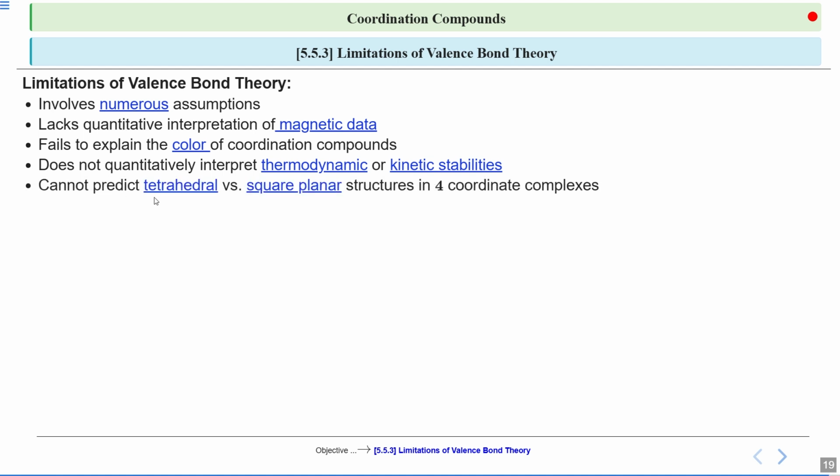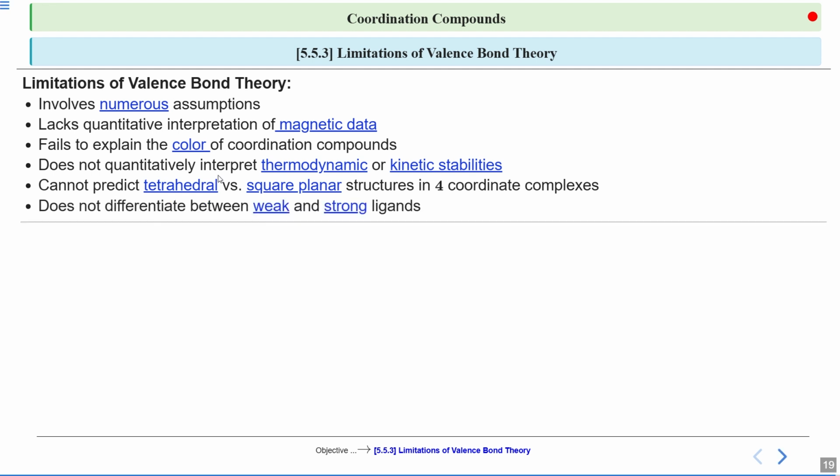It cannot predict tetrahedral versus square planar structures in 4 coordinate complexes. Basically valence bond theory uses hybridization to predict the shapes of the compounds, right? And it doesn't always predict the exact bond angles. So this is also one of the limitations of valence bond theory.